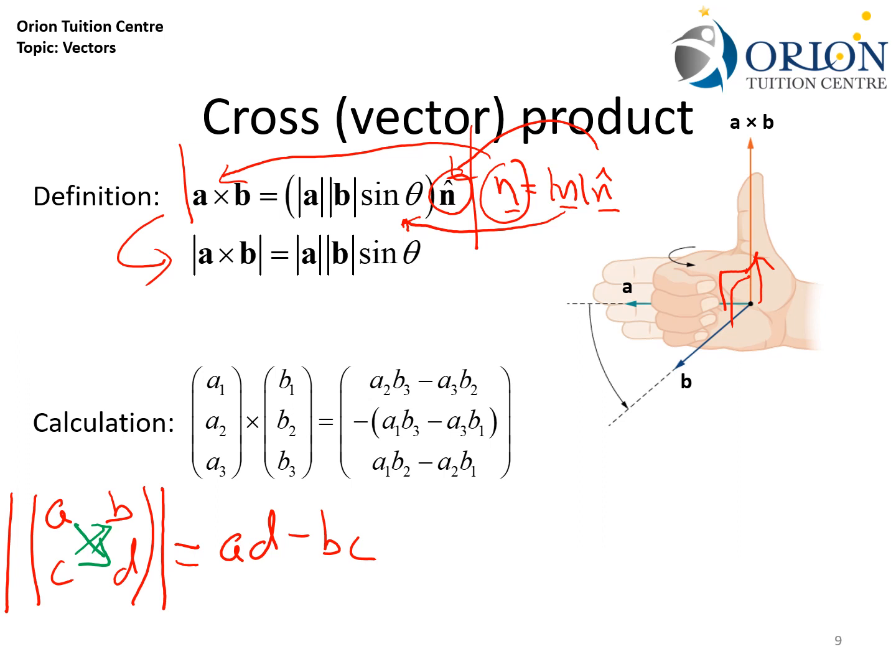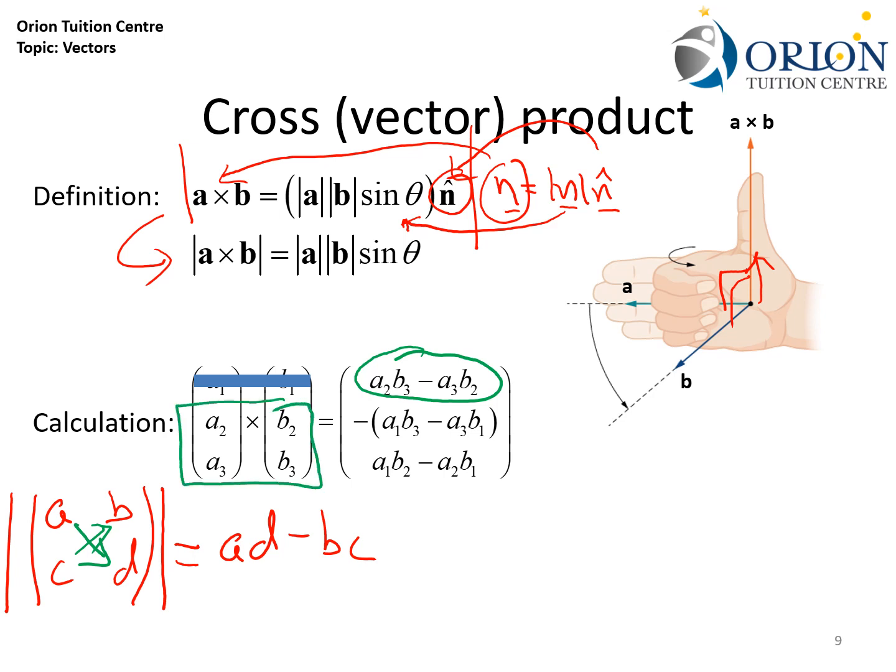So for a cross product, we will perform this determinant finding process 3 times. To find the first component in our resulting vector, we simply cover up the first row and find the determinant of the remaining 4 terms.